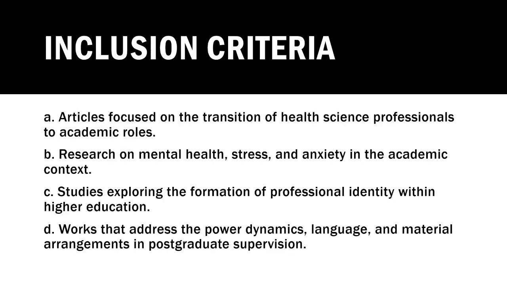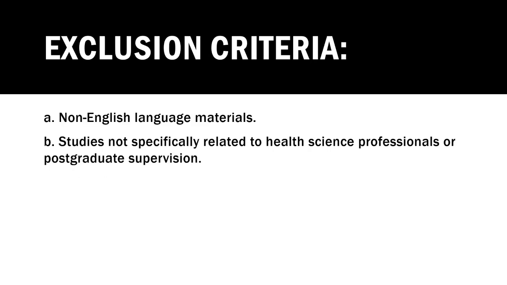And then you will have inclusion and exclusion criteria for your search. So you might say that in this case, you specifically looked at works that addressed power dynamics, language or other arrangements in postgraduate supervision, or you specifically looked for studies in higher education. Mostly our exclusion criteria would be non-English language.